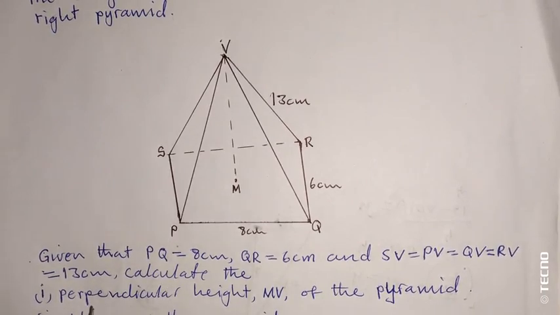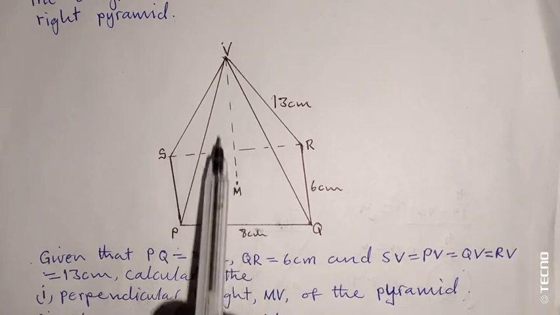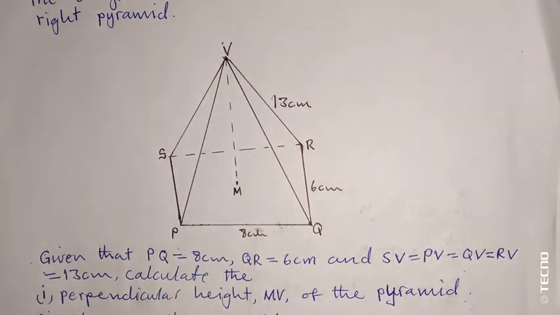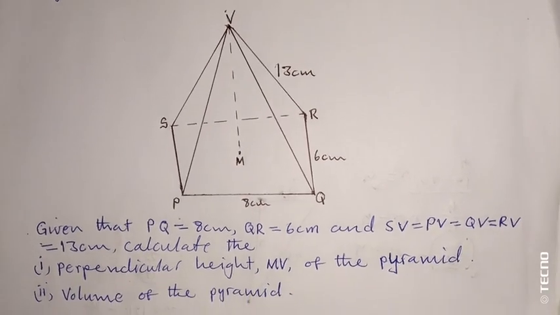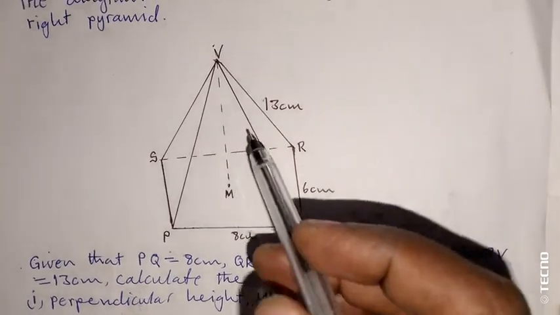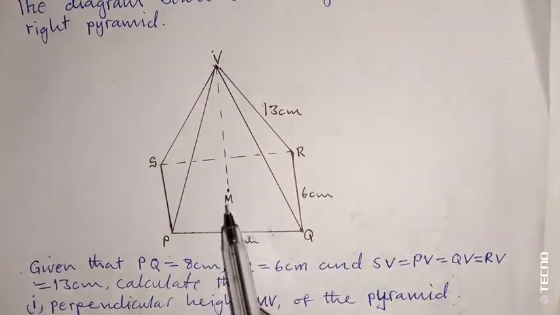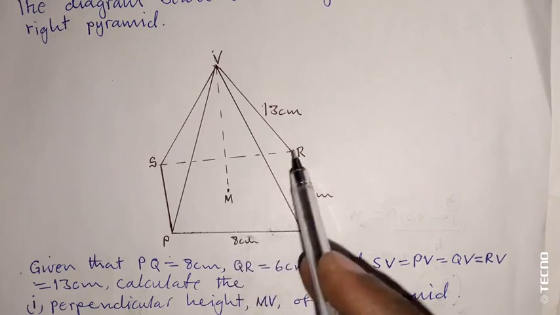Then the question is: calculate the perpendicular height MV, which is this one, MV. They want us to calculate the perpendicular height of the pyramid. So how are we going to calculate the perpendicular height? Remember, what we have been given is this, and we don't have this side.